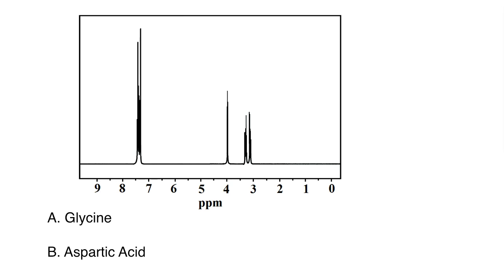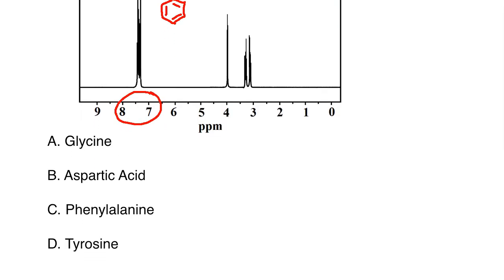So right here, the only thing that would appear in this general region is going to be some sort of aromatic ring. Because of that, and this implies that we have an aromatic ring here, we can immediately get rid of glycine and aspartic acid, because neither of these are going to have any type of aromatic compound if you were to look at their individual amino acid structure.